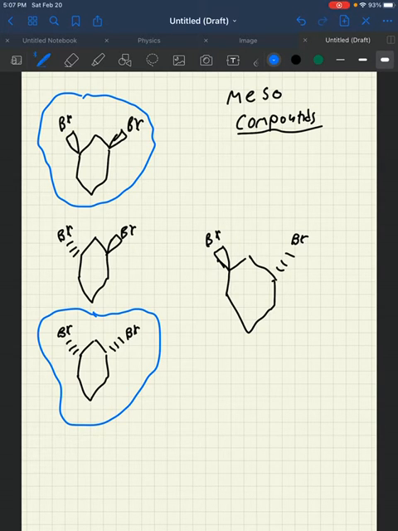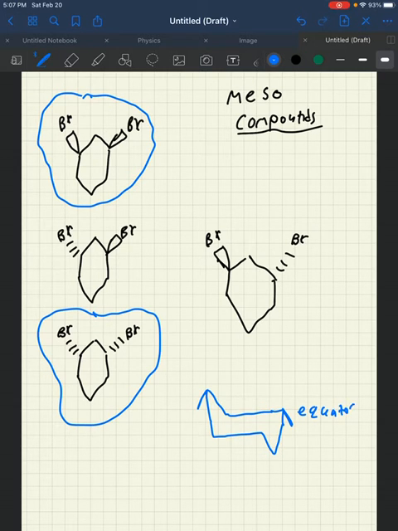We know these are the exact same compound, because if I draw this out in chair conformation, and I have both of these down, so this would be 1, 2, 3, 4, 5, 1, 2, 3, 4, 5. These are both in equatorial.